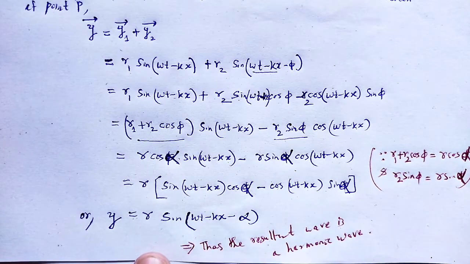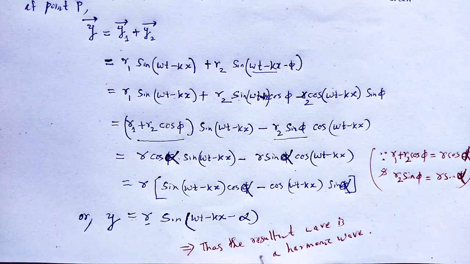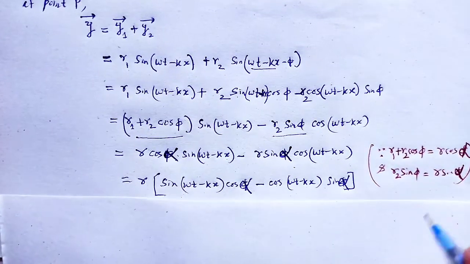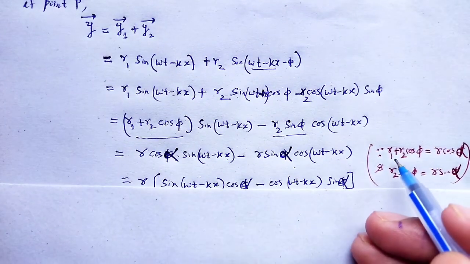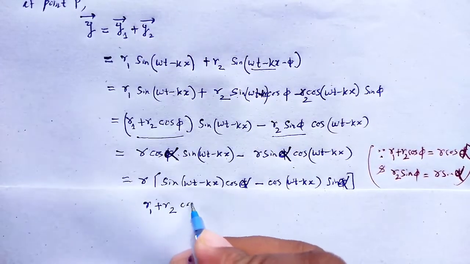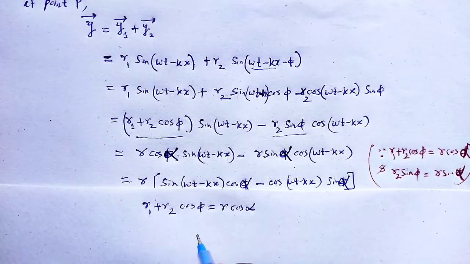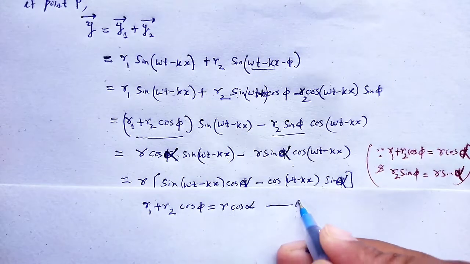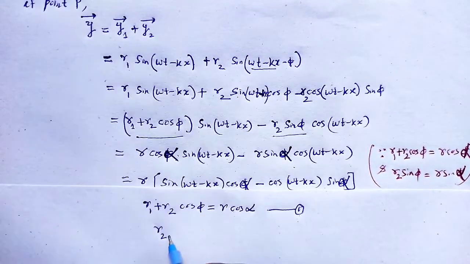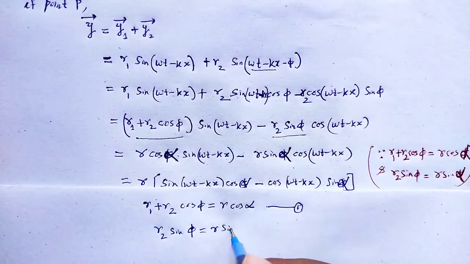Let us calculate the amplitude of the resultant wave. How to calculate it? Look at the terms. Here the substitution: r1 plus r2 cos phi is equal to r cos alpha, equation 1, and r2 sin phi is equal to r sin alpha, equation 2.